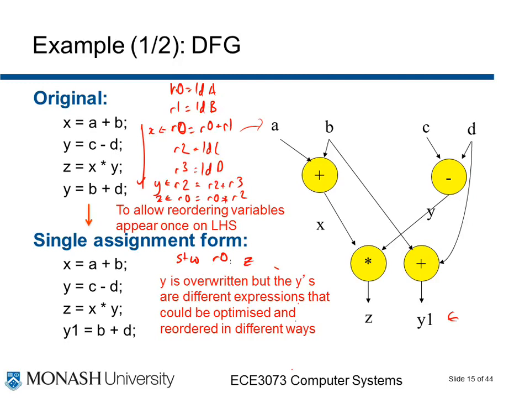So Y1 is B plus D. So I already have B, I already have D. So R1 is equal to R1 plus R3. And then I store R1, which is Y1, to memory, location Y1. Okay. Hopefully you can all follow that.